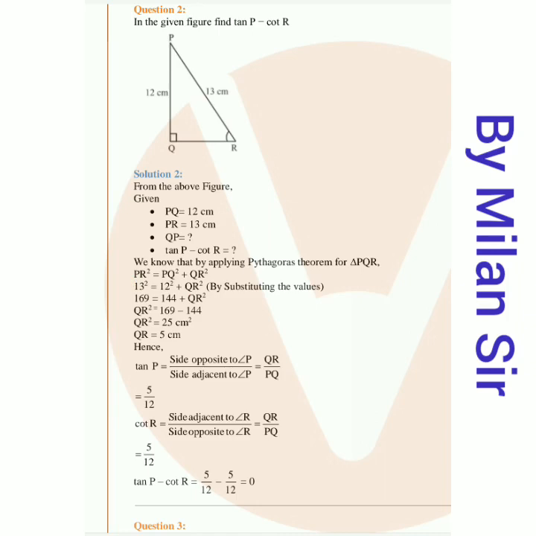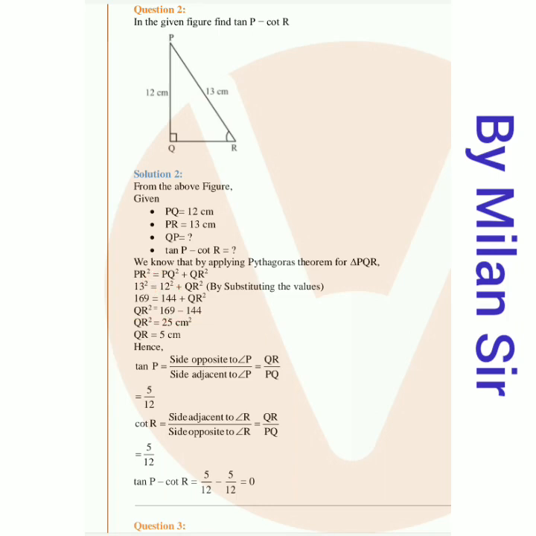So for finding out QR, first of all 13 square is equal to 169 and 12 square is equal to 144. Then for finding out QR square, transfer this 144 to the left hand side. So QR square is equal to 169 minus 144.